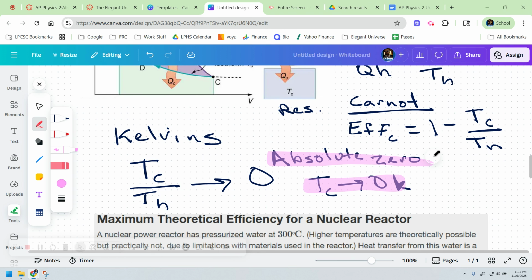This is a theoretical thing, but you can, for example, here in the Midwest in the wintertime, that cold reservoir for a nuclear, we have several nuclear power plants in the area. That cold reservoir gets really cold in the wintertime. So anyways, that's it.